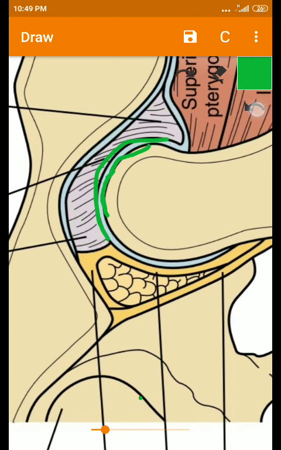Next, the superior temporomandibular joint is formed by the superior surface of the articular disc and the articular eminence.